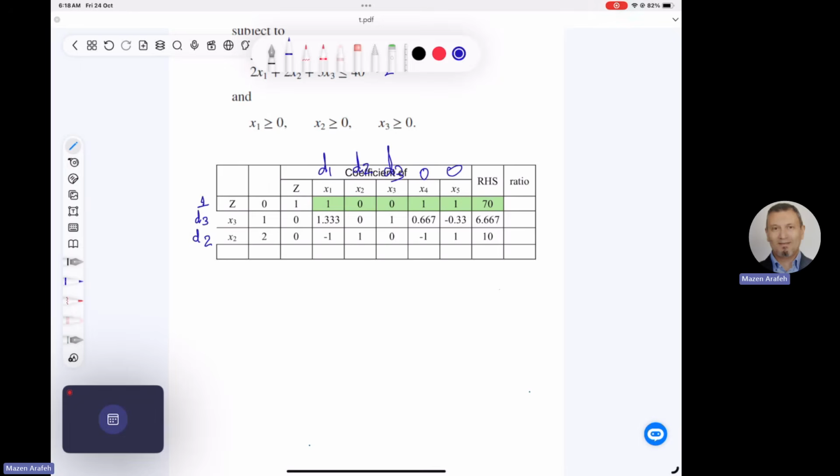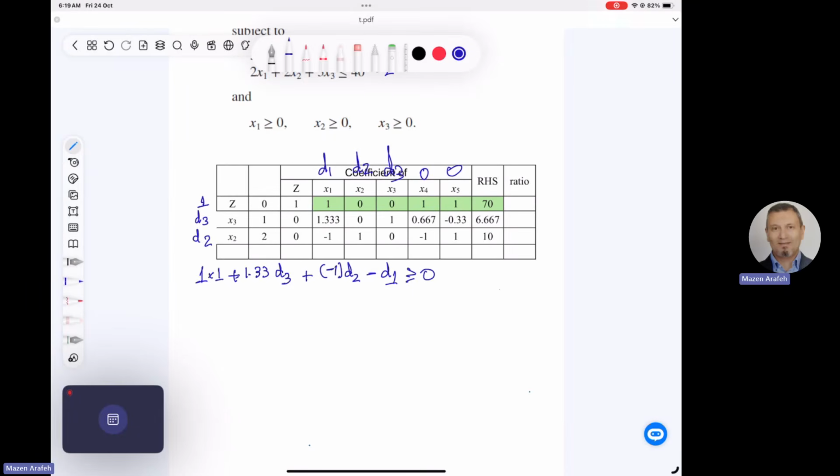So from column x1, we write the following: 1 times 1, so that's 1, plus 1.33 times d3 plus negative 1 times d2. Now this is all minus d1, because here I have a d1, and it should be greater than or equal to 0. So this is my first equation.